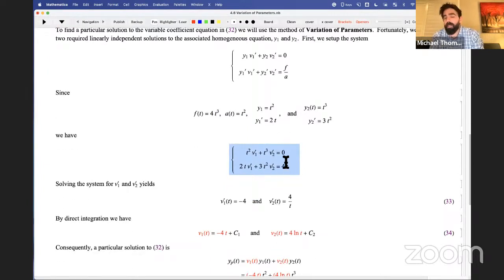And we want to solve the same thing that we always do for variation of parameters, solve for v1 prime and v2 prime. You guys can solve this system. I'm not going to show you here, but you can do it. Let's say you wanted to eliminate the v1 primes. What do you suggest we multiply the first equation by?